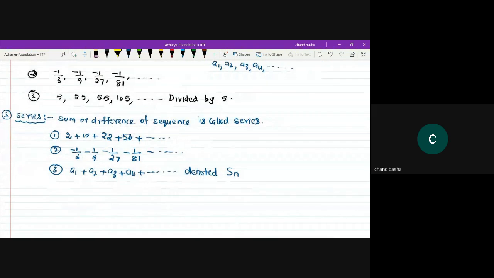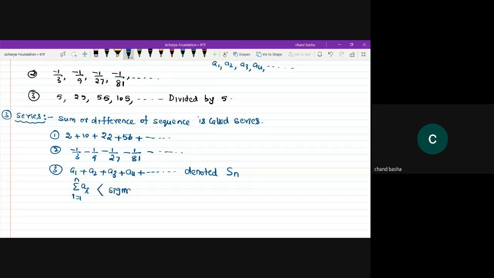Clear? And instead of writing these sums, A1 plus A2 plus A3 and so on, we can write it as summation of AN, or sum of AK, or sum of AI, where I is equal to 1 to N. We read this as sigma.